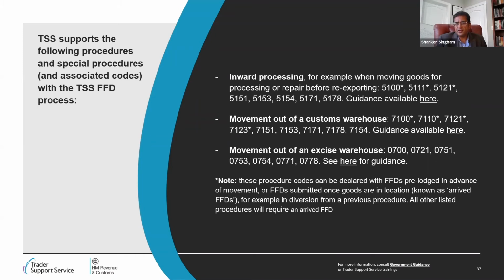These are the ones that can be declared with pre-lodged FFDs in advance of movement, or full frontier declarations submitted once the goods are in location, i.e. they have arrived. So that gives you an extra layer of functionality there. If we go to the next slide.